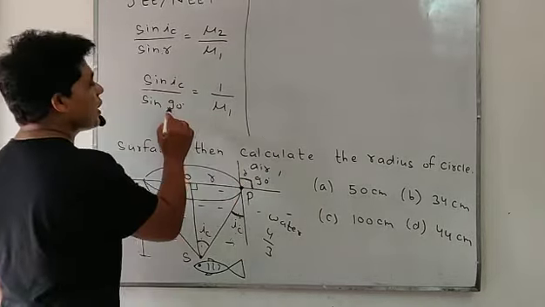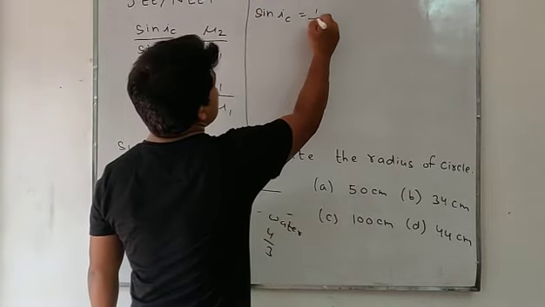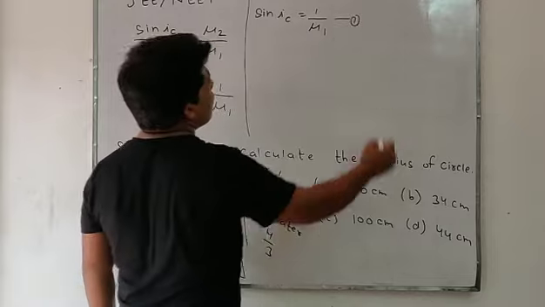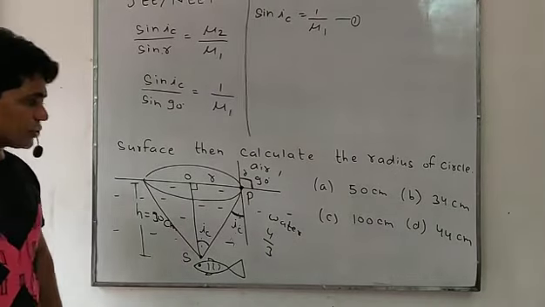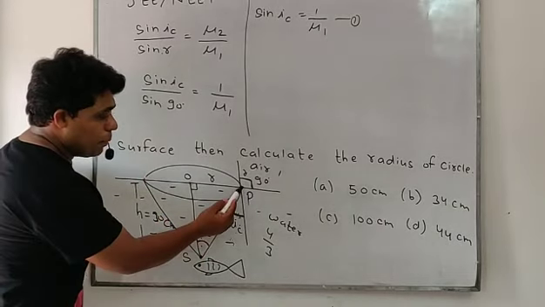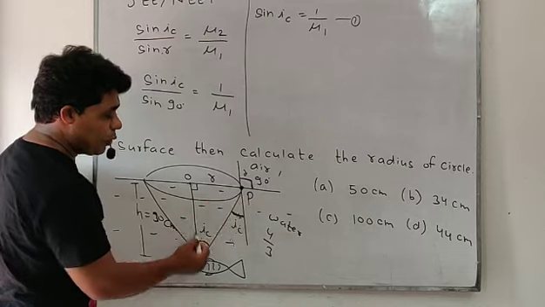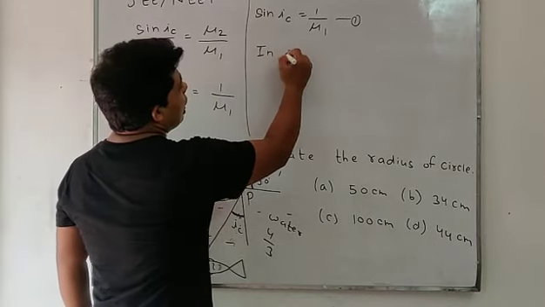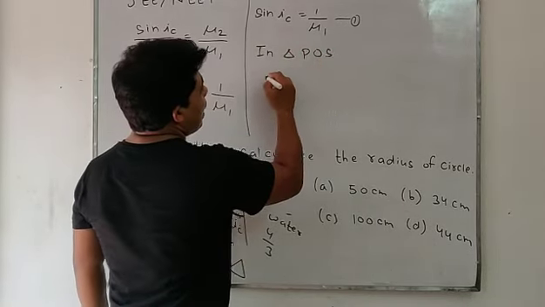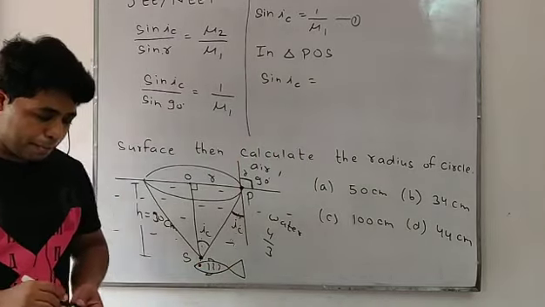Understood? Now students, sin 90 is 1. So we'll get the first formula: sin IC equals 1 upon mu1. Equation number first. Understood students? Now the second thing, in this triangle POS, this is the point given name as S. In triangle POS, I'm applying sin IC. What is the formula of sin theta?